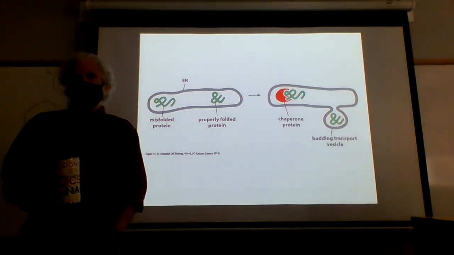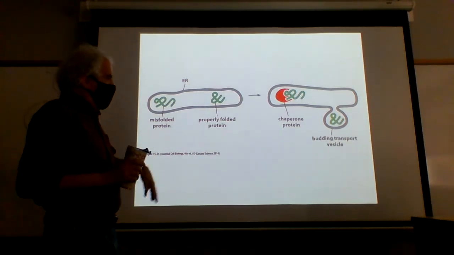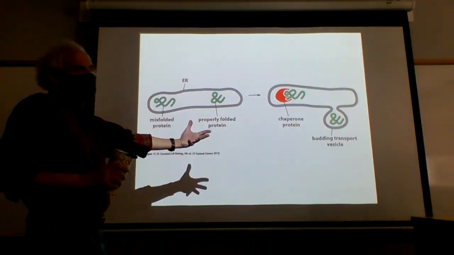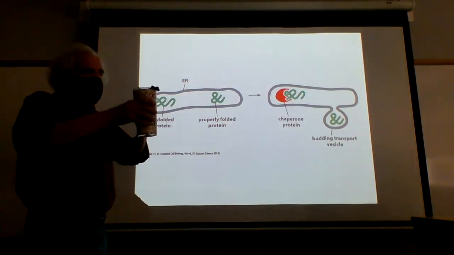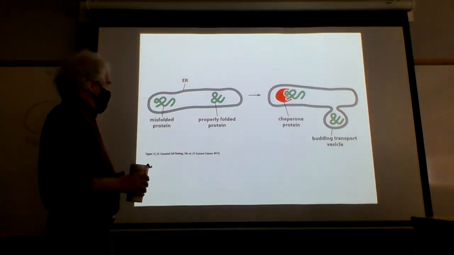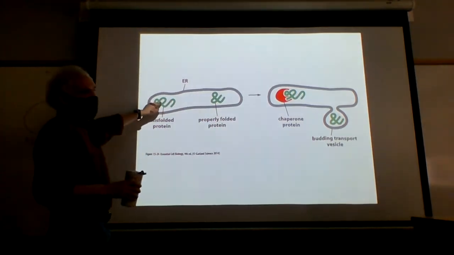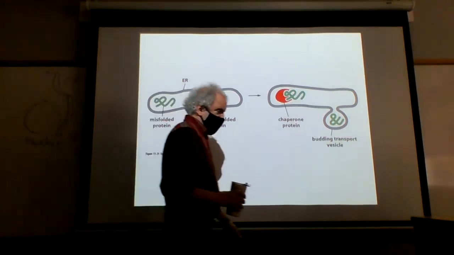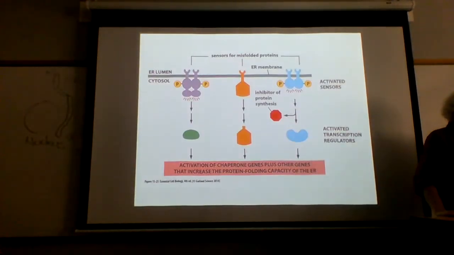More and more information about protein folding is critical. Just throwing that out there. And these proteins that we used to call heat shock proteins, now typically referred to as chaperones, are responsible to help fold proteins. So you have the properly folded protein and the improperly folded protein. And that's about all we have to say.